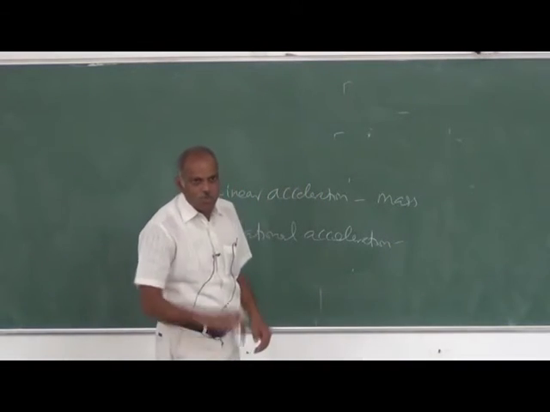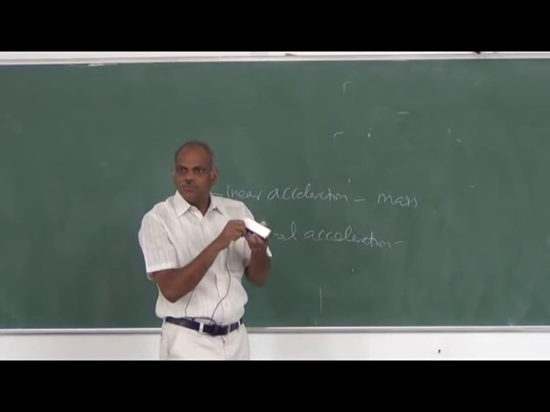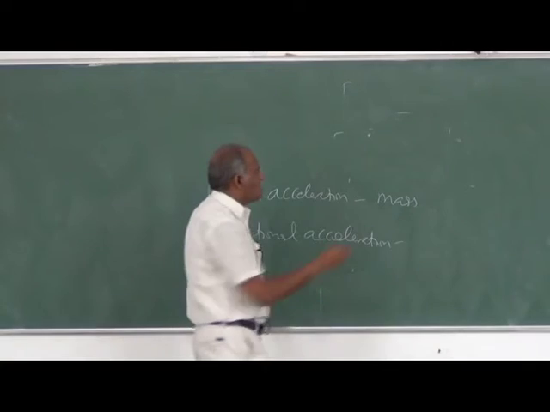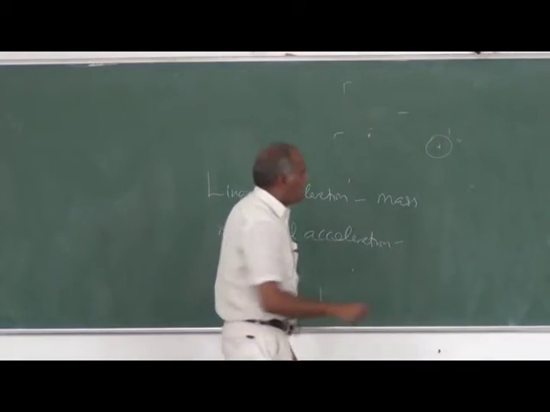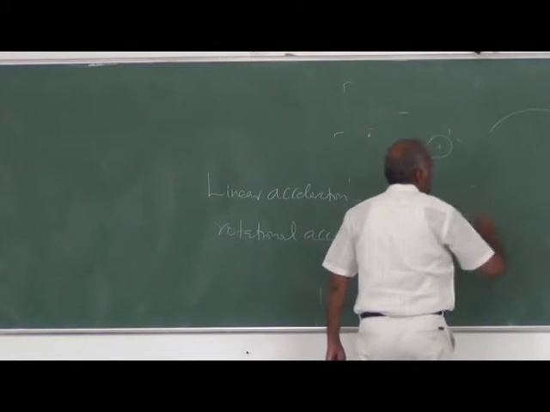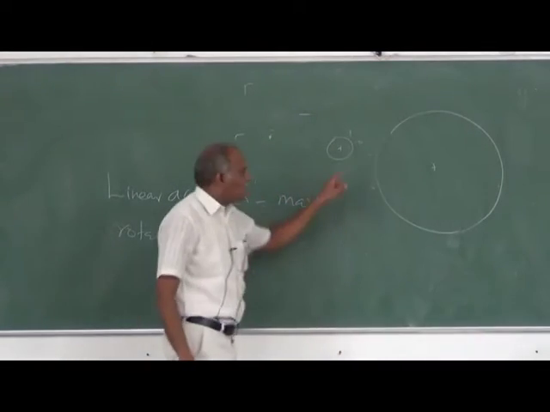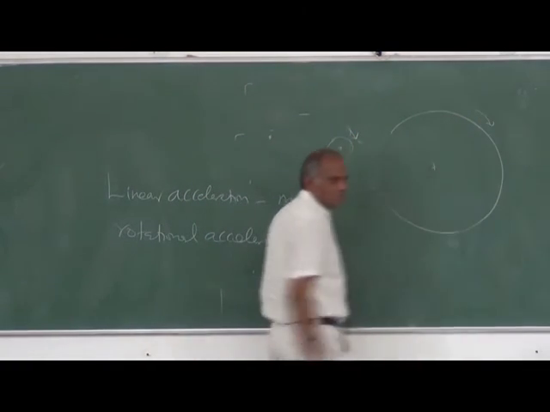say something is not moving linearly, but it is rotating about an axis. If you take two discs, one disc is tiny, the other disc is a really large disc. Both of them are capable of rotating about their center.